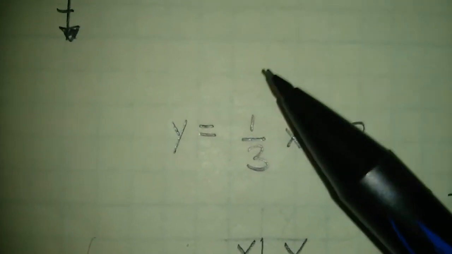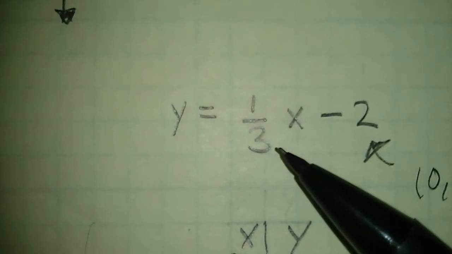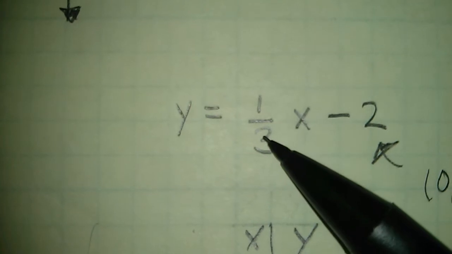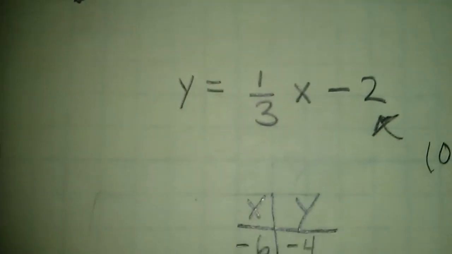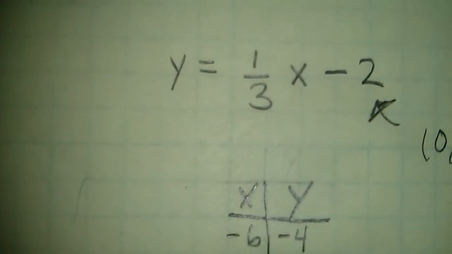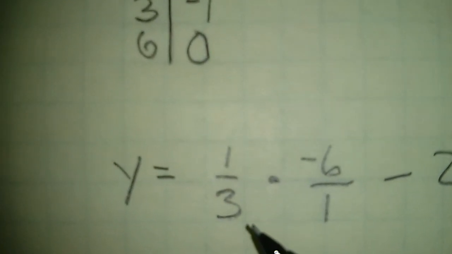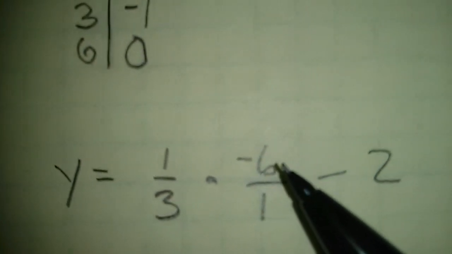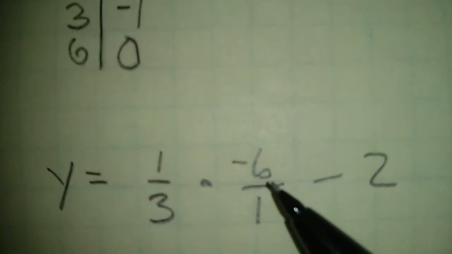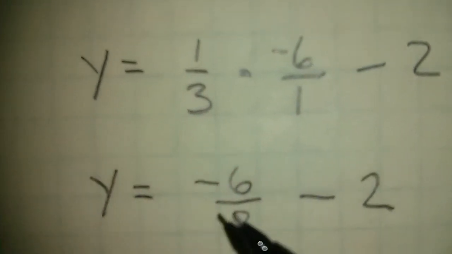If it was 1/4, we would pick multiples of 4. If it was 1/16, we'd pick multiples of 16. If it's 1/6, we'll pick multiples of 6. Because when we plug that in, let's plug in the first value, -6 for x. So we've got 1/3 times -6, and again, -6 is a fraction, it's -6 over 1.